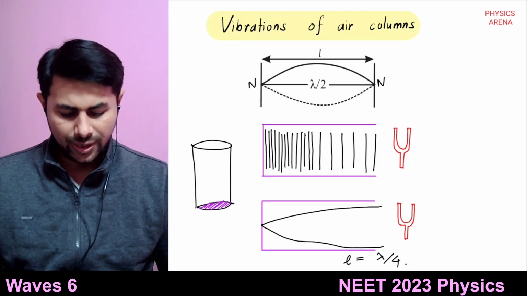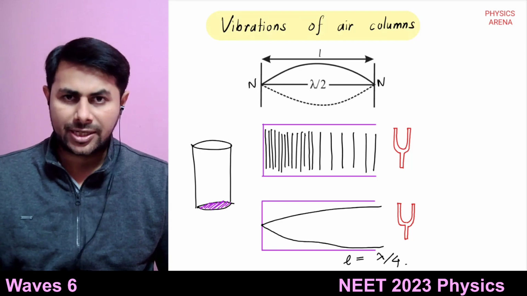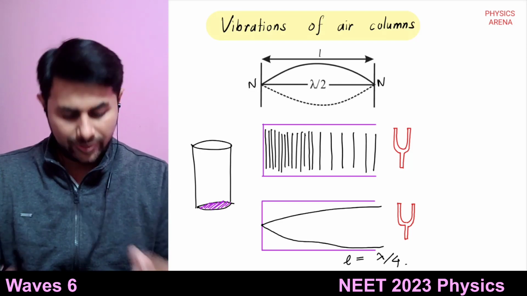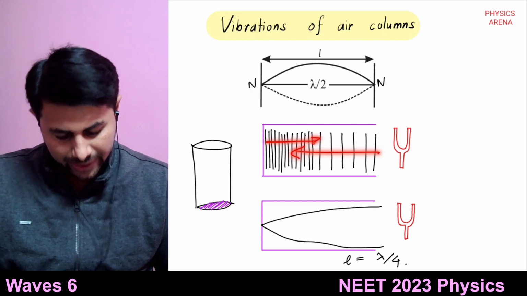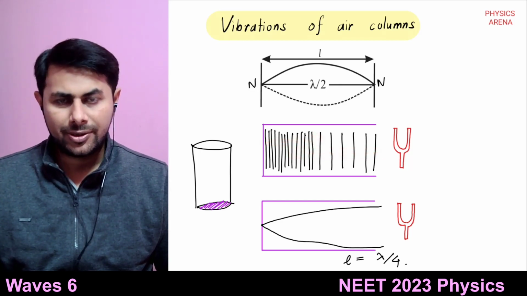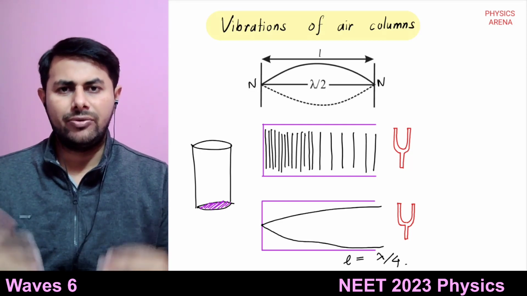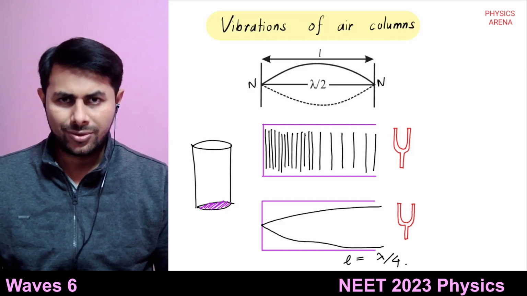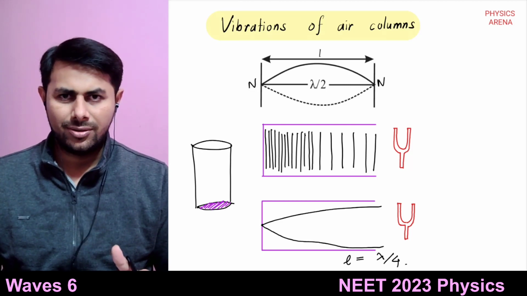Now, because of the compressions and rarefactions, or you can say the longitudinal wave which is traveling in this direction, and a wave which gets reflected like this, what will happen? These two waves overlap onto each other, and a stationary wave is formed. So a longitudinal stationary wave is formed.